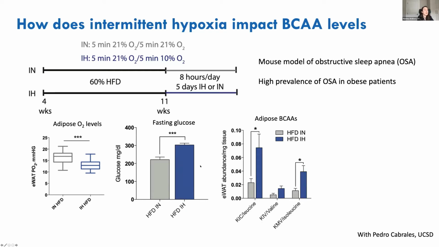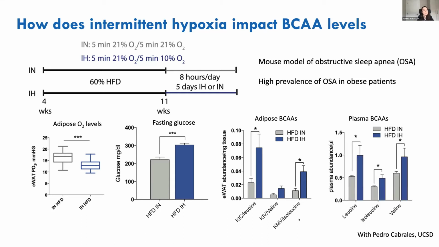And then when we looked at branched amino acid levels, first of all, when we looked in the adipose tissue, we found that there was an increase in the branched keto acid to branched amino acid ratio, indicating that that step at BCKDH was likely being impaired. And then we also found an increase in plasma branched amino acids.